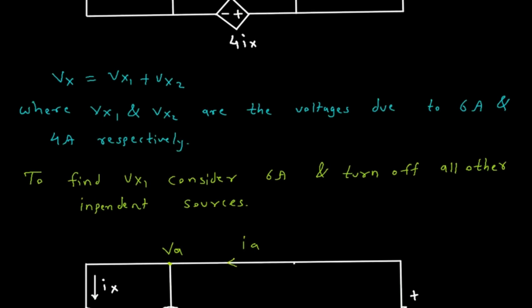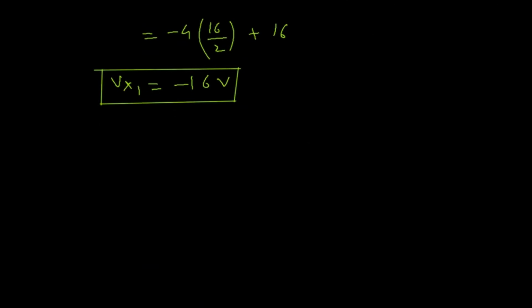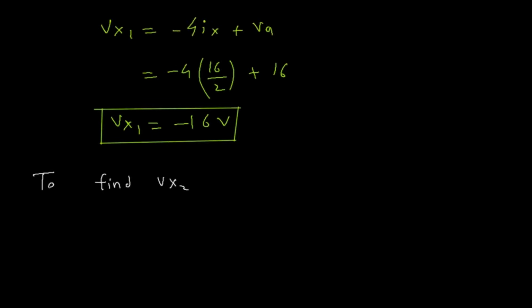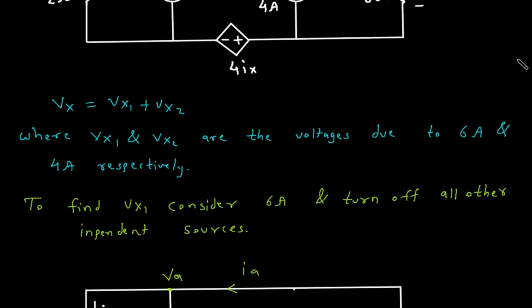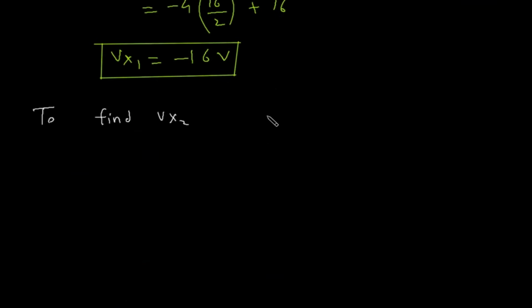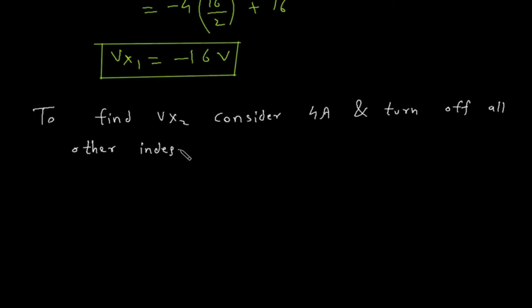Next we have to find Vx2. So to find Vx2, we will consider 4 ampere and turn off all other independent sources.